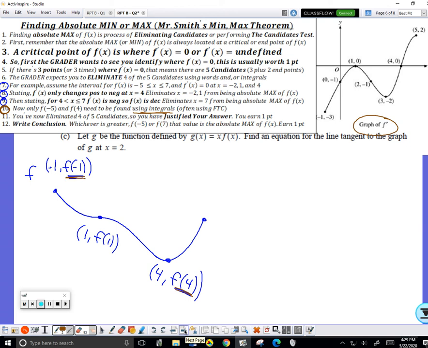Somehow I've got to find, oh, I know. So here's the idea. Even though I can't find these areas, I do notice that when f prime is negative, all of this area would get counted negatively.